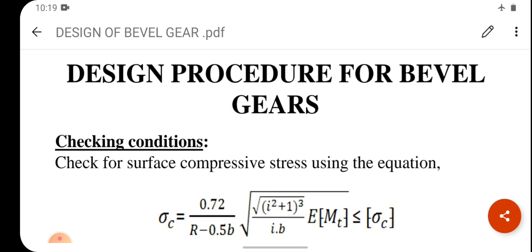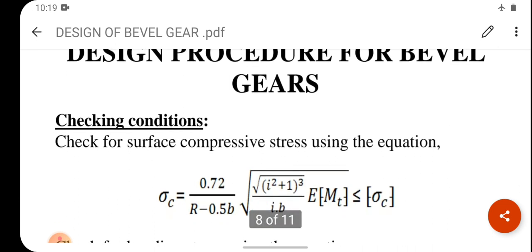So checking conditions are: check for surface compressive stress using the equation, that is sigma c is equal to 0.72 upon (R minus 0.5 b) under root, and again under root (i square plus 1) cube upon i into b into E into Mt, less than or equal to sigma c in the square bracket.